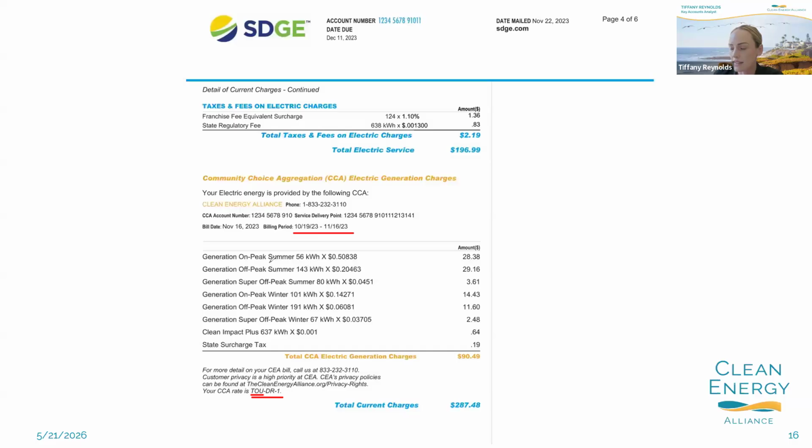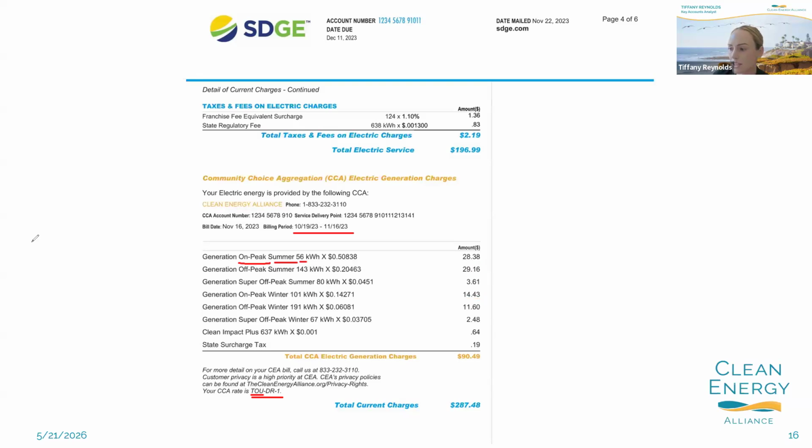So you'll see that they were charged for on-peak summer rates at 56 kilowatt hours. And this is the total amount that they were charged for that rate. They were also charged for on-peak winter for 101 kilowatt hours. And this is the total amount.